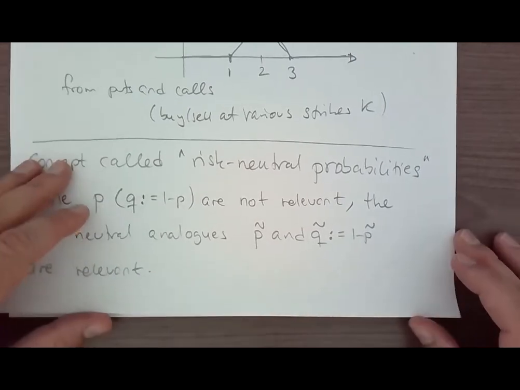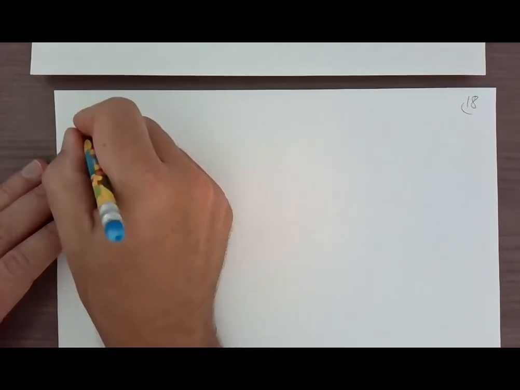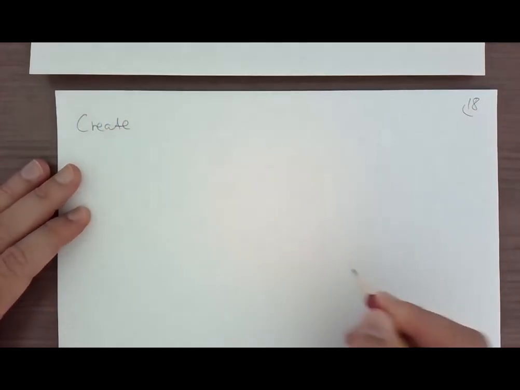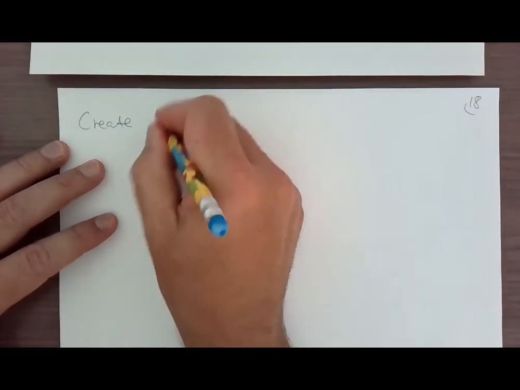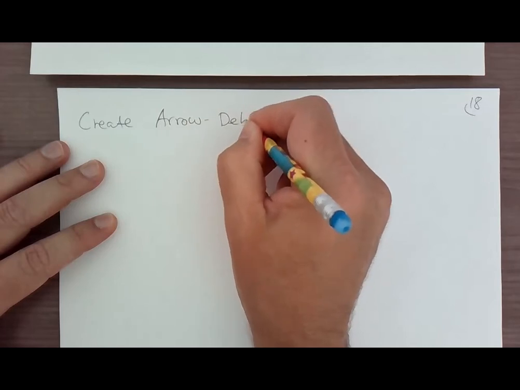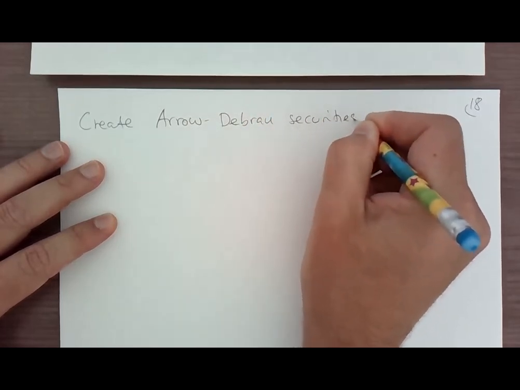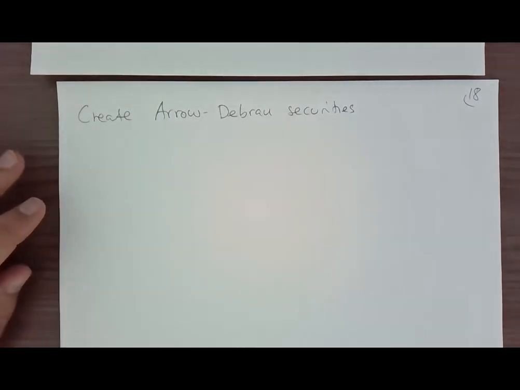So let me try to show you how to calculate these risk-neutral probabilities. The way that I propose that we go about doing business is to create these infamous securities called Arrow-Debreu securities.